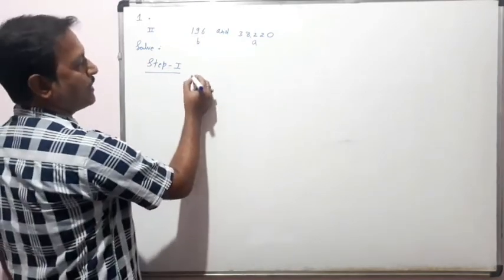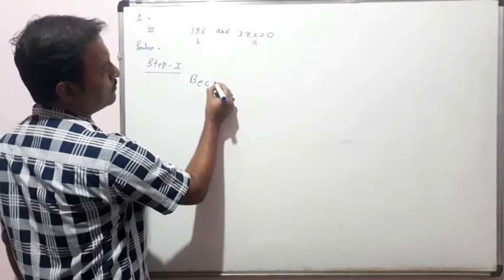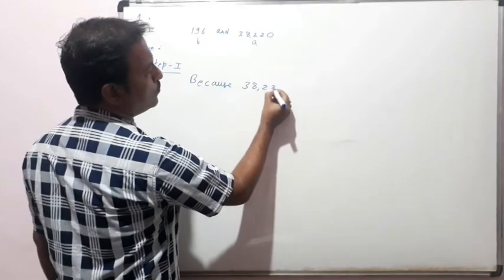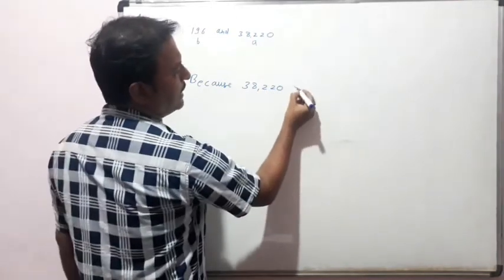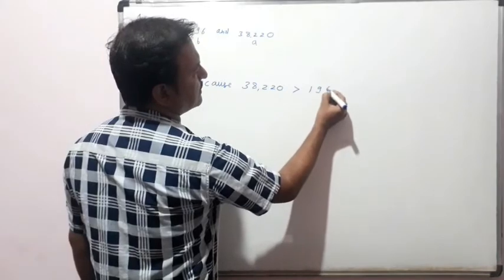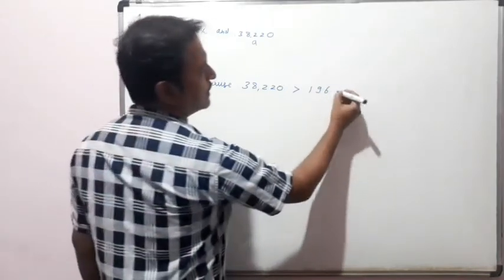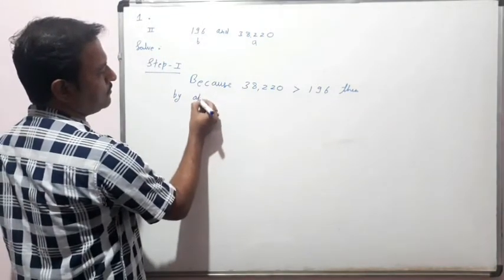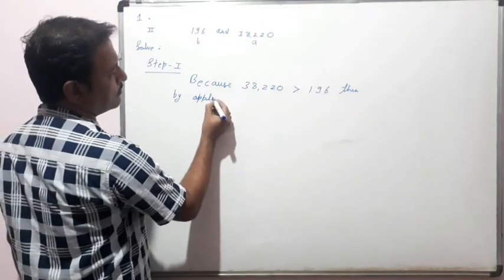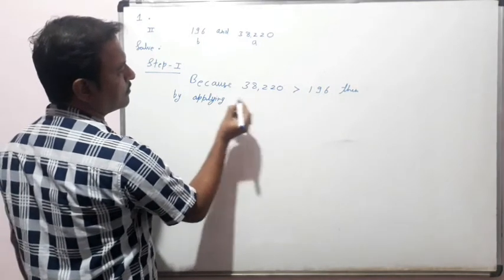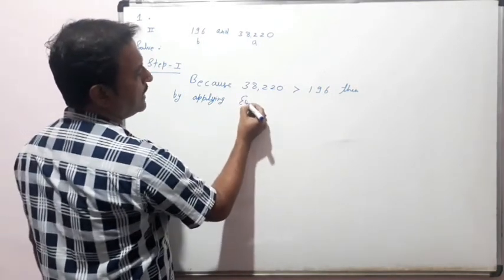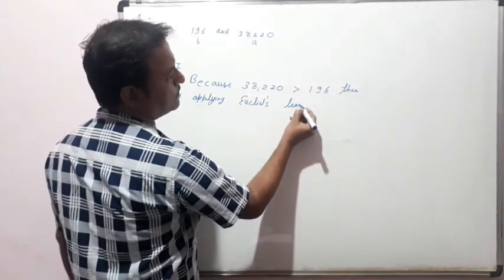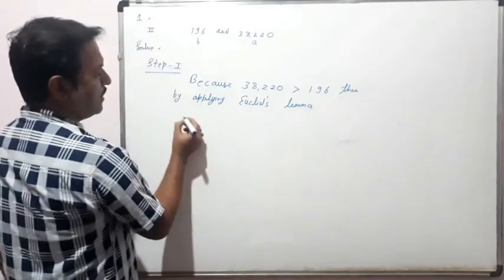So what we write, because 38,220 is greater than 196, then by applying Euclid lemma, we get what?